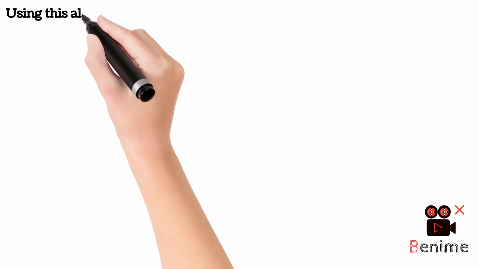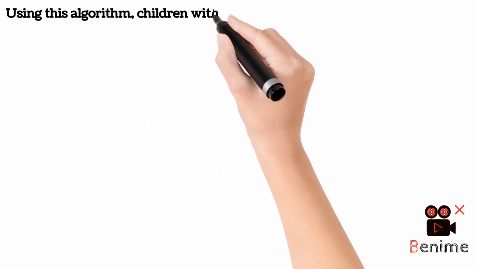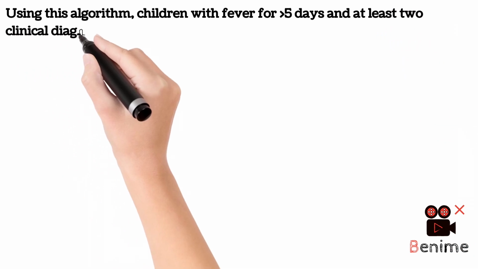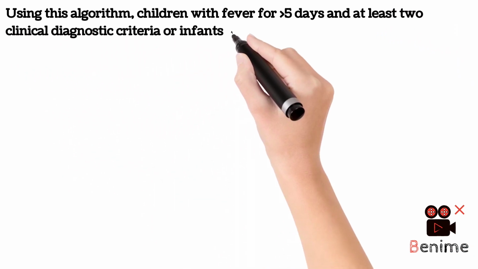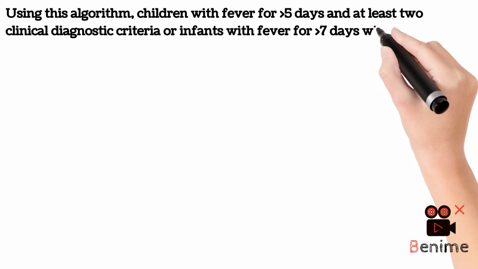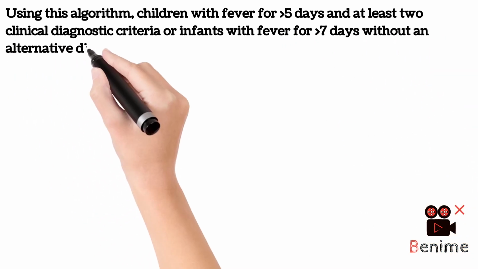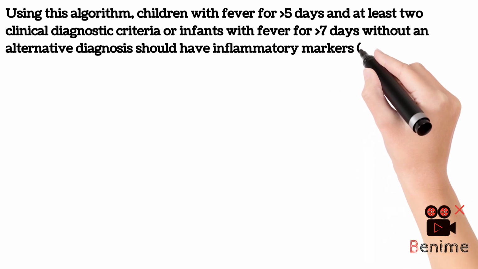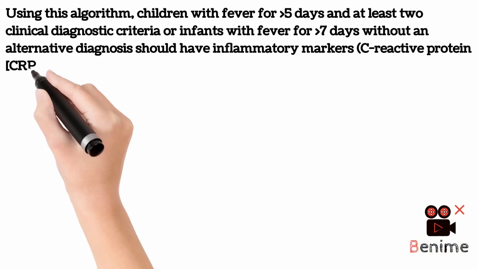Using this algorithm, children with fever for greater than 5 days and at least 2 clinical diagnostic criteria, or infants with fever for greater than 7 days without an alternative diagnosis, should have inflammatory markers, C-reactive protein, CRP, and erythrocyte sedimentation rate, ESR, obtained.